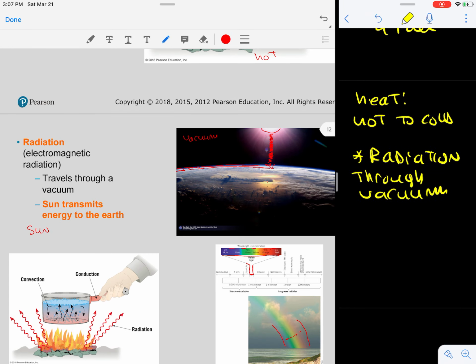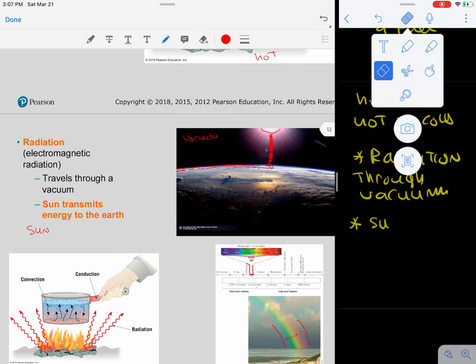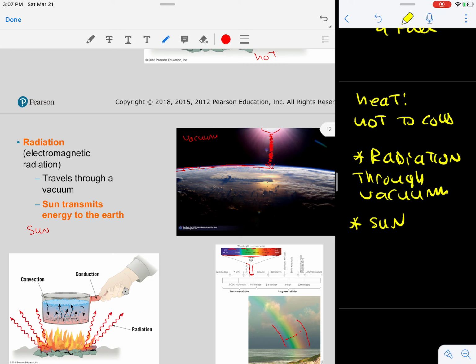And this is how the sun warms the earth, or how the sun transmits energy to the earth.